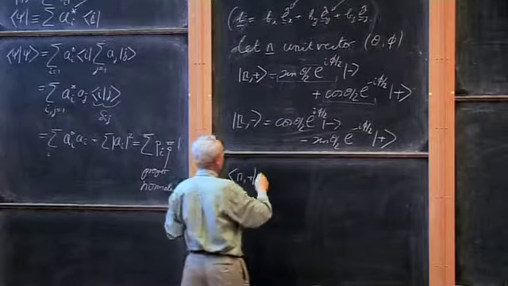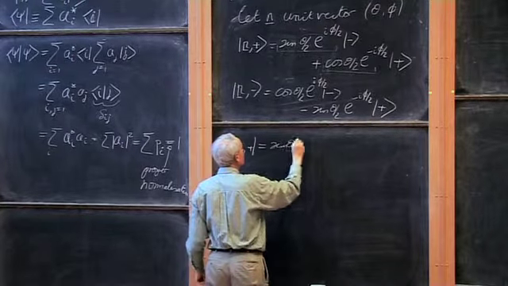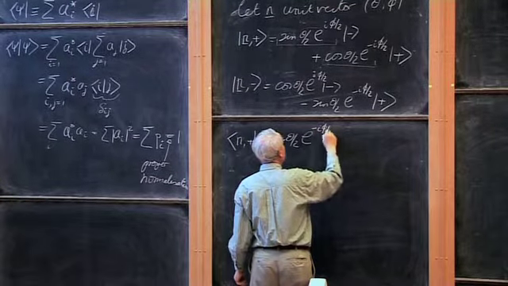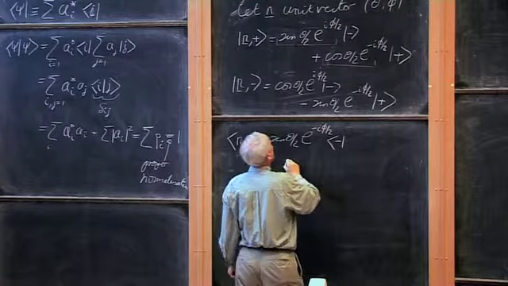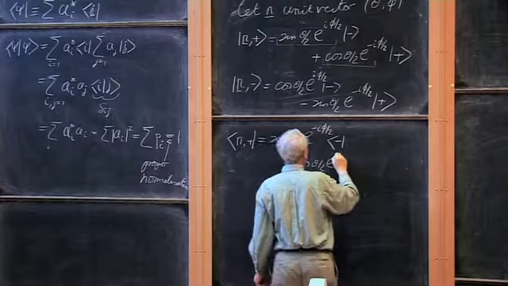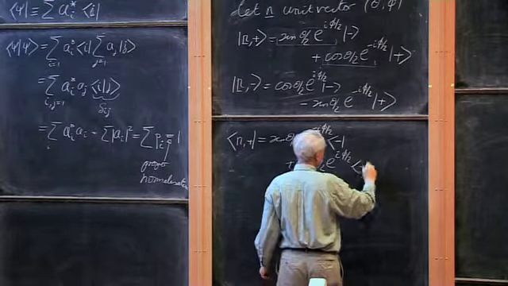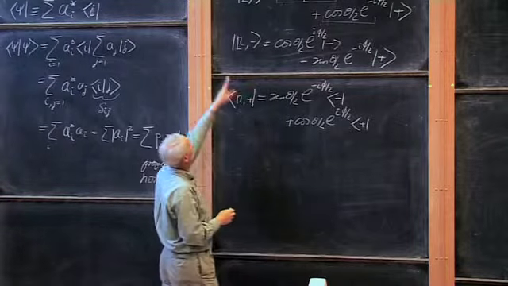That was the rule we agreed on. So this is going to be sine theta over 2 e to the minus I phi over 2 times the bra minus plus cos theta over 2 e to the plus I phi over 2 times the bra plus. So that's the bra that belongs to that.